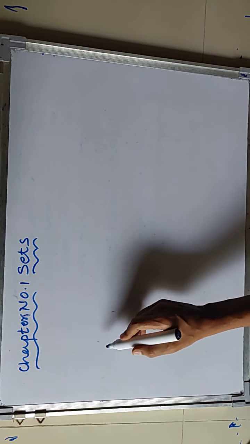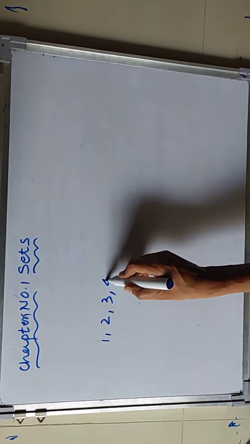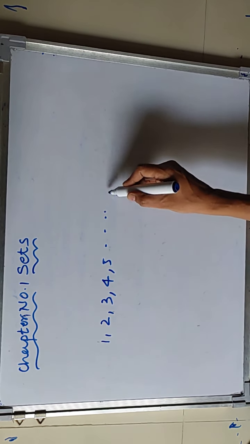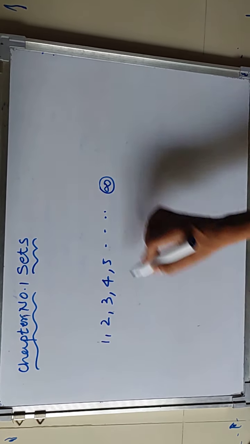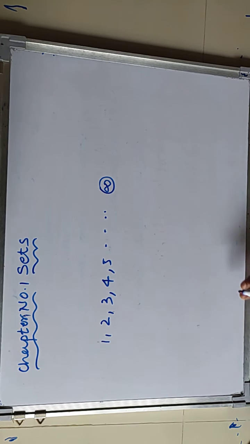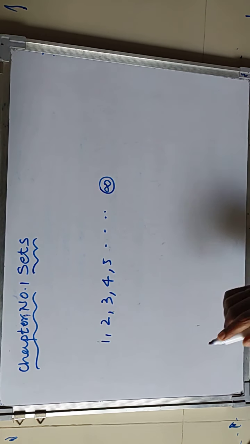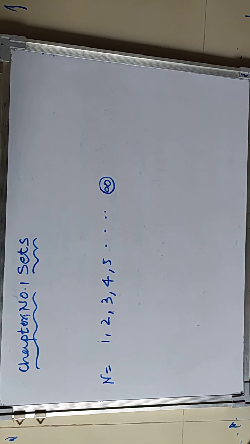Natural numbers start from 1, 2, 3, 4, 5 and so on up to infinity. These are the natural numbers. Here I write N for natural numbers.